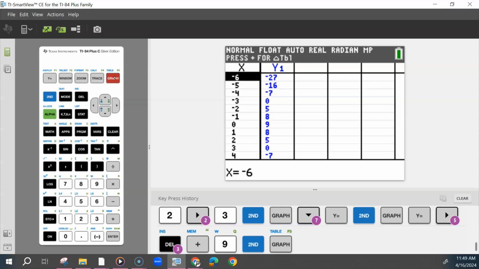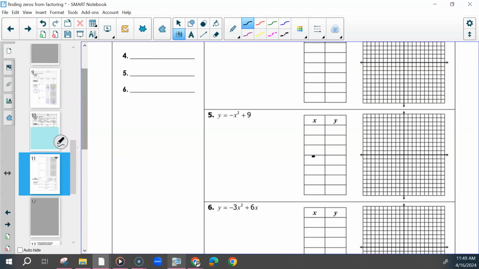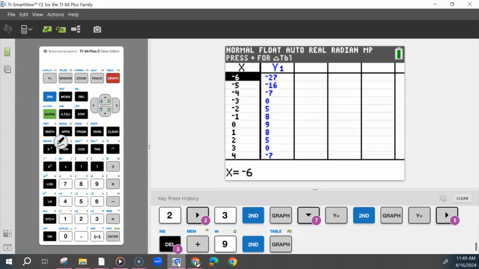Where is the middle? Where's your vertex? 0, 9. And then the rest of your y values, we have 8, 5, 0.